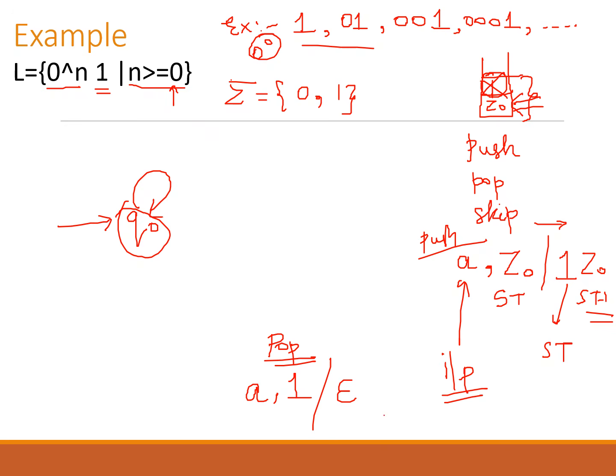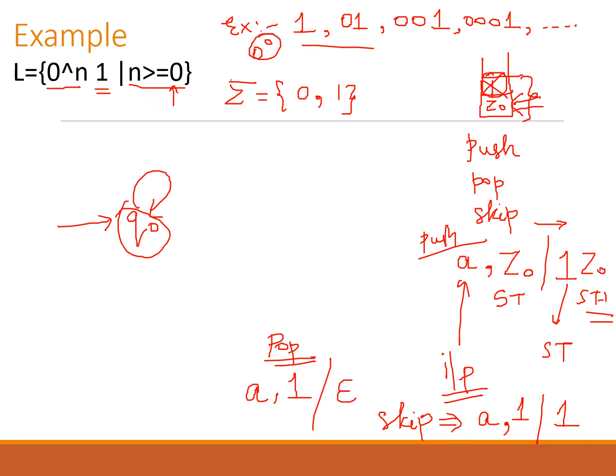How do we write the skip notation? Say I get A in the input and there is 1 on the stack top. I let it be 1 as it is. We are not doing any operation and the stack remains the same. So these are the three different operations that can be performed, and this is how they need to be written.